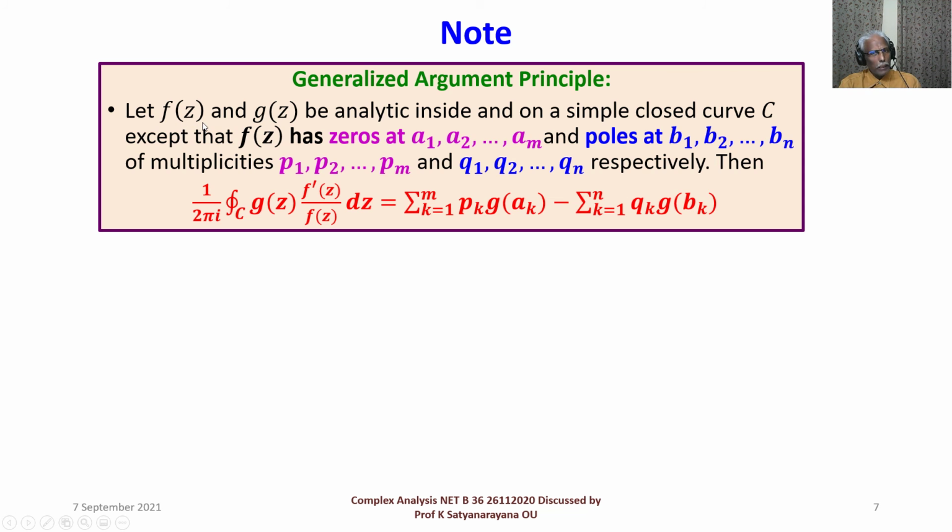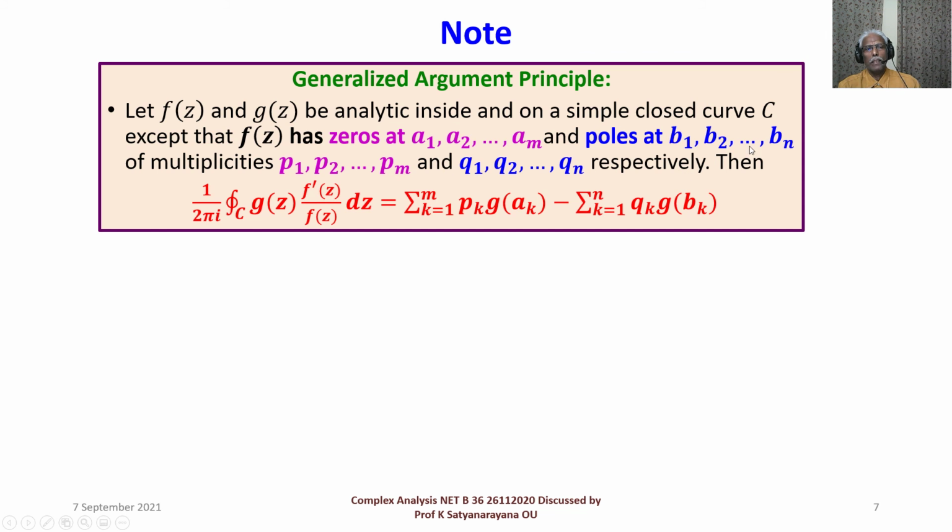Now, in the given example, we have g of z is z to the power of p, and it has only one zero at z naught, that is a1 is equal to z naught of multiplicity q, that is p1 is equal to q, and there are no other zeros and no poles.